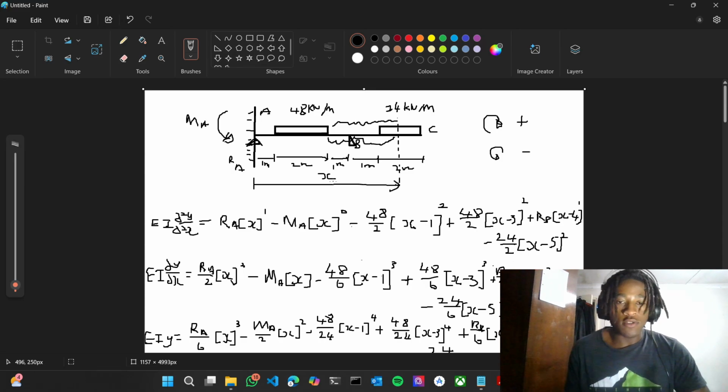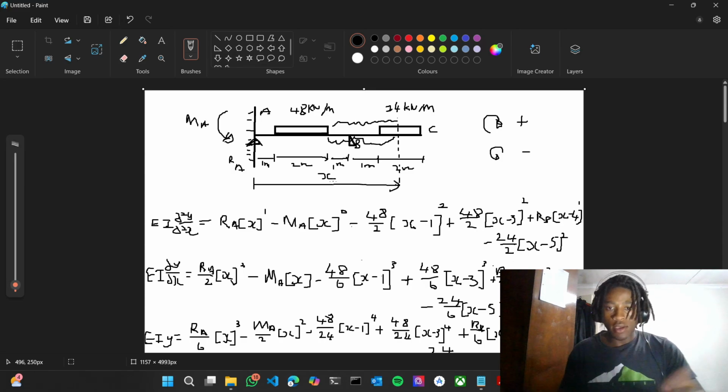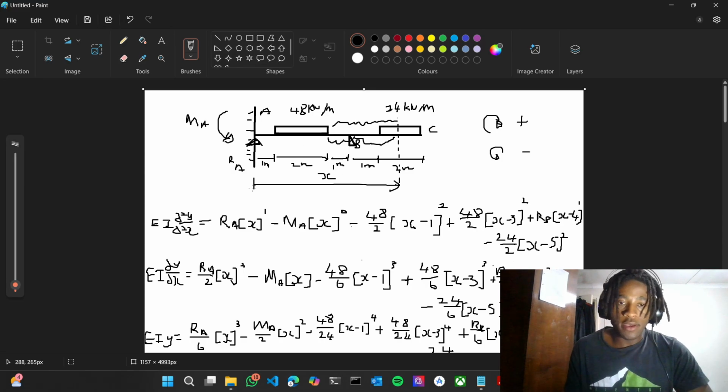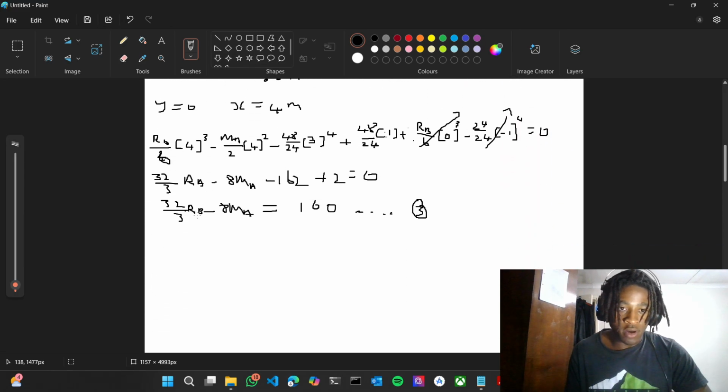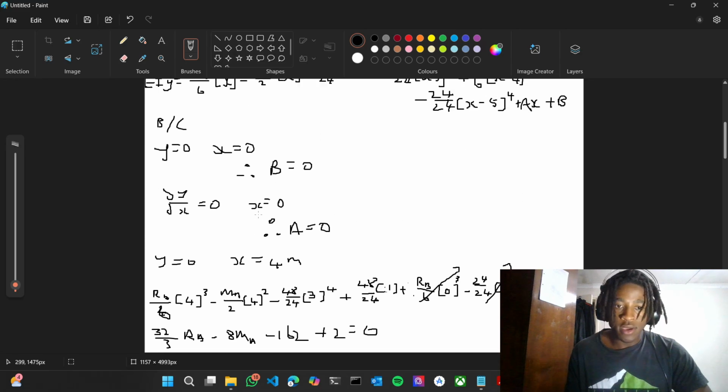So we need to ask ourselves, what would be the most useful point to evaluate the static equilibrium equation around? And that would be, in this case, if you think about it logically, point B, because we have two unknowns here, RA and MA, right?